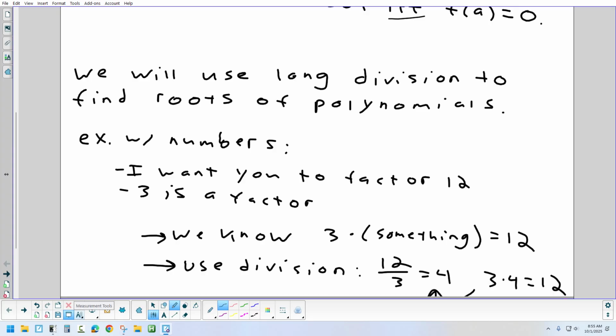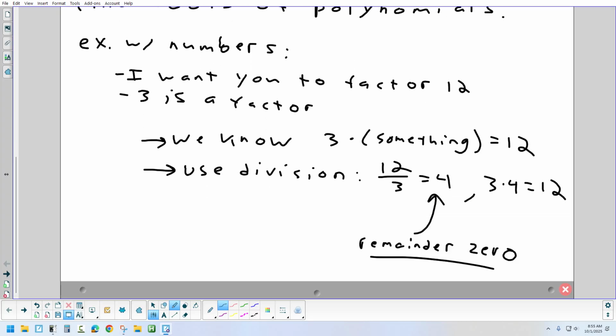Now, what happens when you divide a number by a factor of it? You always get a remainder of what? Yeah, 0. So if you divide a number by a factor of it, you will always get a remainder of 0. If you divide a number by a number and the remainder doesn't come out to 0, then what you divided by is not a factor. 12 divided by 5, you get a remainder of 2.